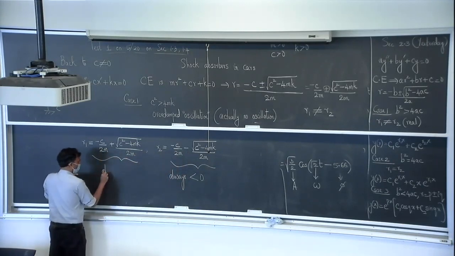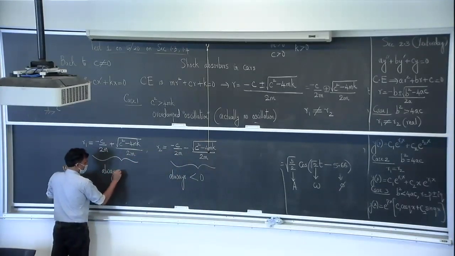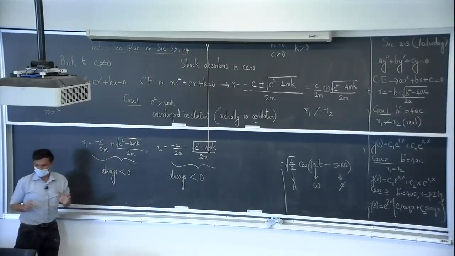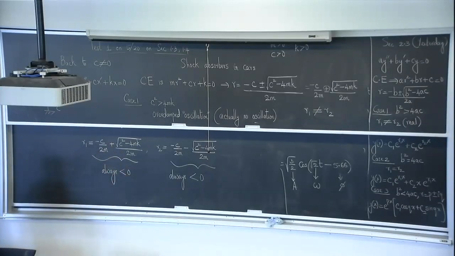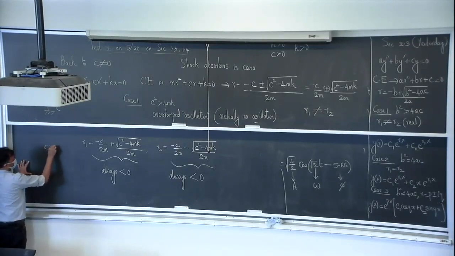Now you're thinking, really? What do you think? Yeah, it depends if c is greater than √(c² - 4mk). Well, c² is greater than 4mk, so there shouldn't be a doubt. c is positive, and c² is greater than 4mk.